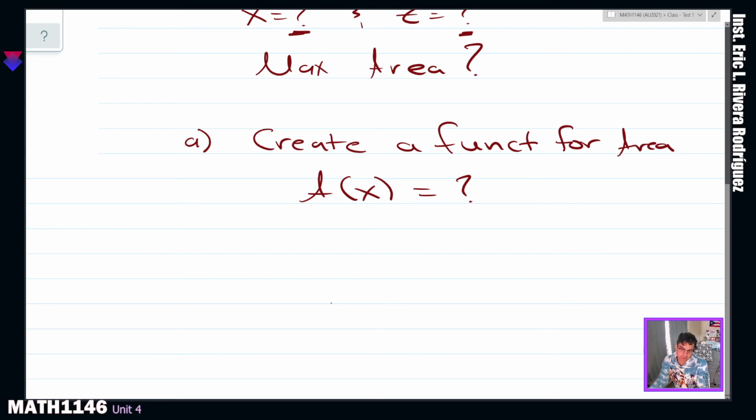So how do we do that? We know that we have a rectangle, and we know that the formula for the area of a rectangle, if this is height and this is length, is just height times length, right?